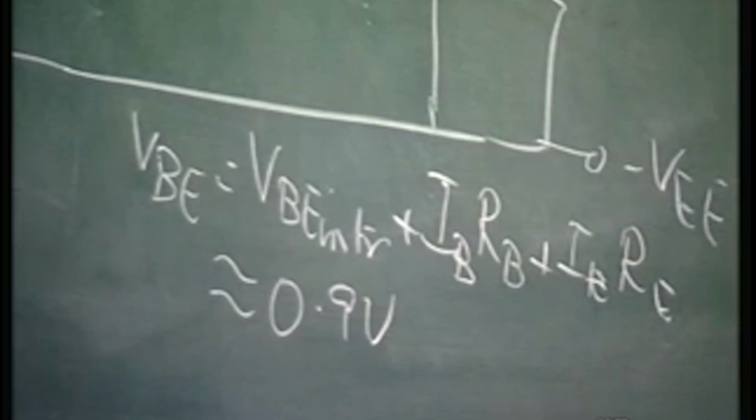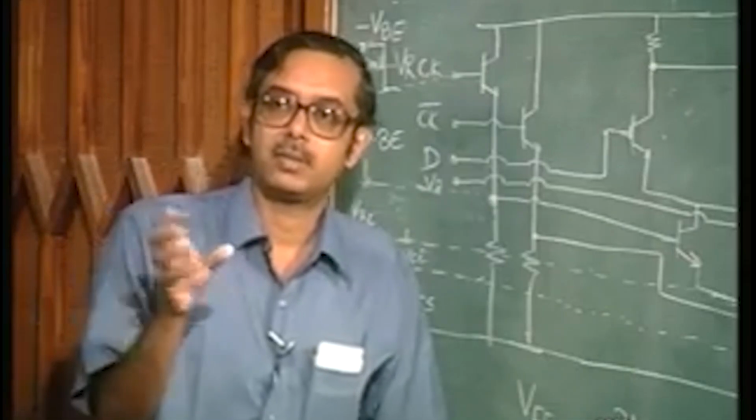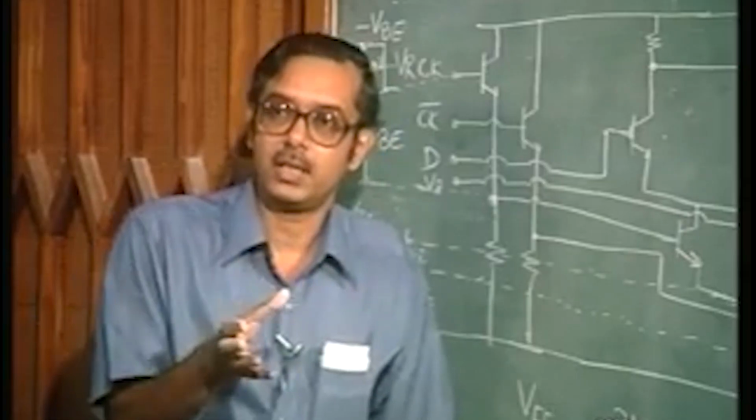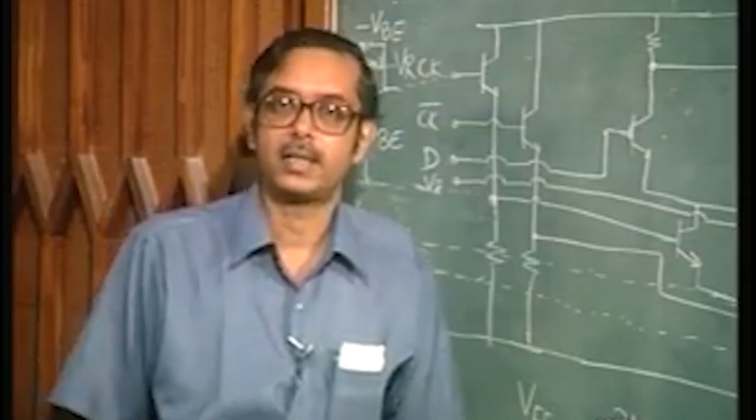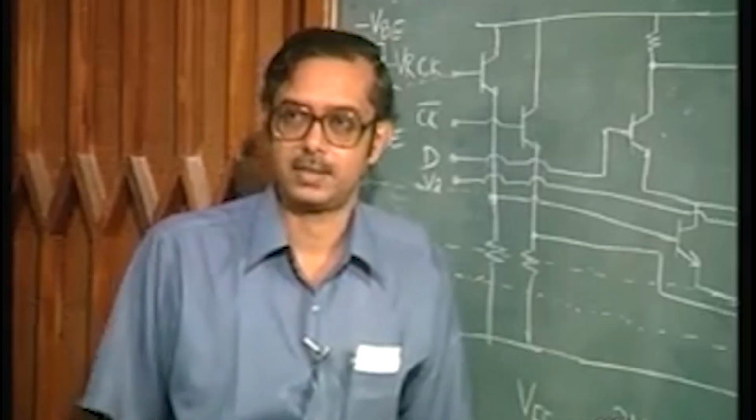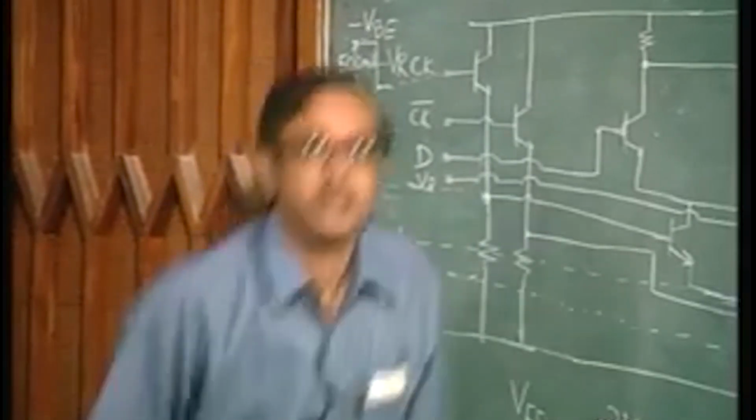Okay. It is not that the 0.9 volts is dropped across the PN junction, but a large part is dropped across the parasitic base and emitter resistances. Okay.